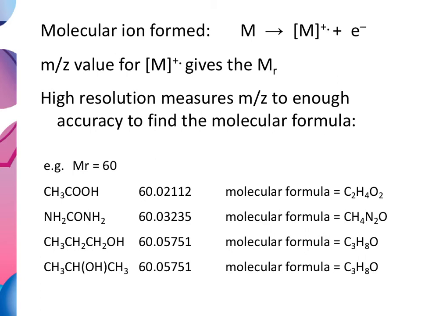But if we increase our level of precision, to 5 decimal places, for example, they would all be rounded to 60 if we were just rounding them to a whole number, but we can see that there are clear differences between them in terms of their mass. And that's one of the things that high-res mass spectrometry allows us to do. So the resolution and precision are much higher, and we can be much more accurate in finding the MR, and that can help us distinguish between different molecular formulae.